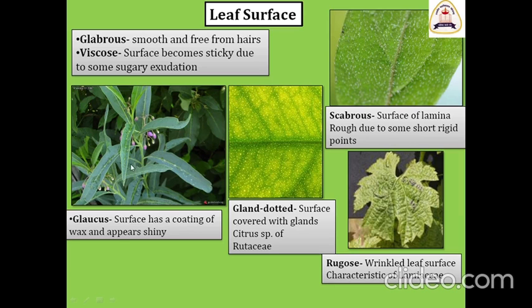The glaucous surface, where a waxy coating appears and gives a shiny appearance to the leaflet. Glandular, as in members of the Rutaceae, the leaf contains glands throughout the leaf surface. Rugose, the wrinkled surface, which is also a characteristic feature of the family Lamiaceae. By feeling it gives a wavy, wrinkled appearance.